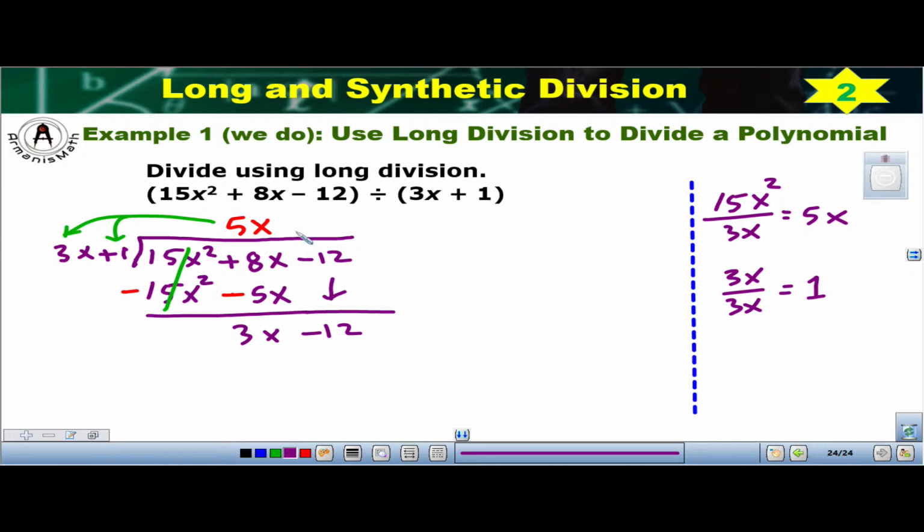So I have basically a 1 here. Let's choose the same color. End up with plus 1. Take the same approach, which is multiply this back by our divisor, and that's going to give me 3x plus 1.